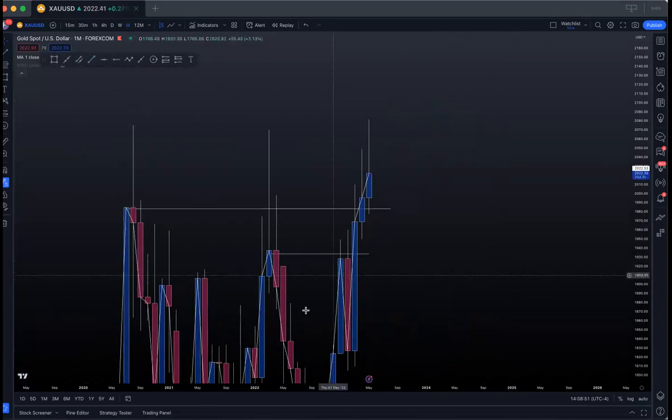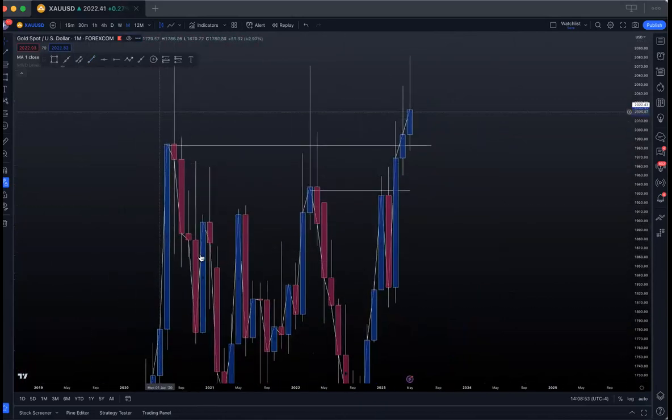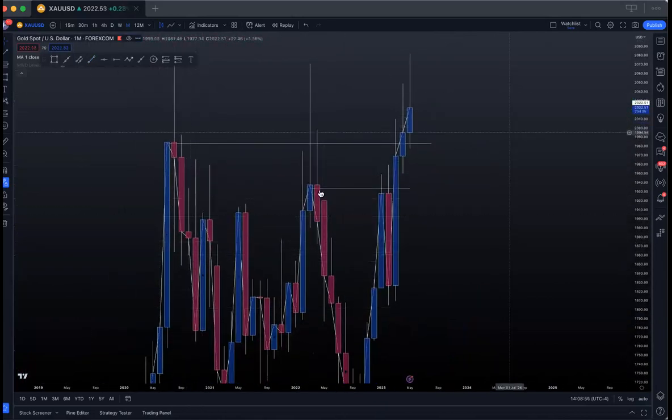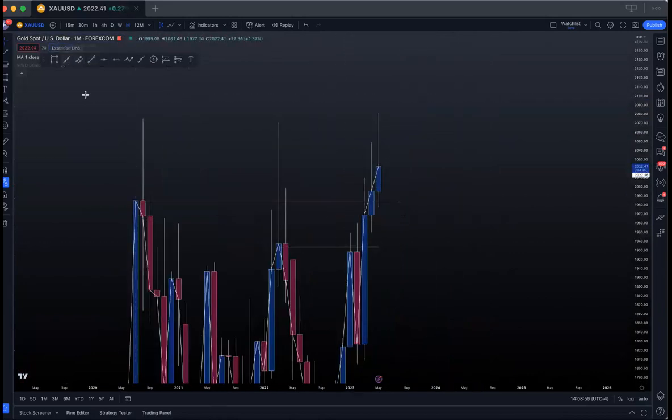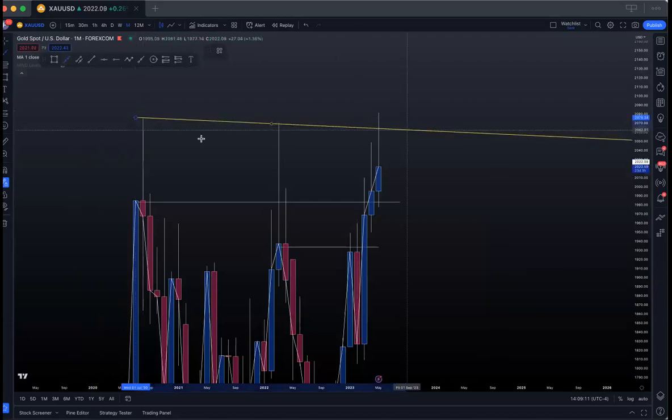Every time gold creates an all-time high, it does give us a deep retracement. Being that it's monthly, this is a little bit advanced knowledge, but I'm just going to teach you guys anyways. But price is reacting from this wick to wick trend line.